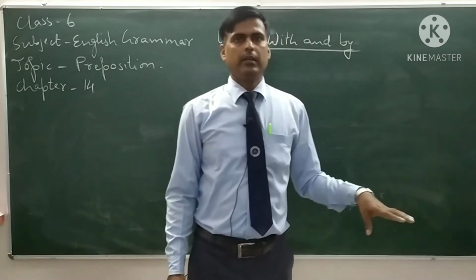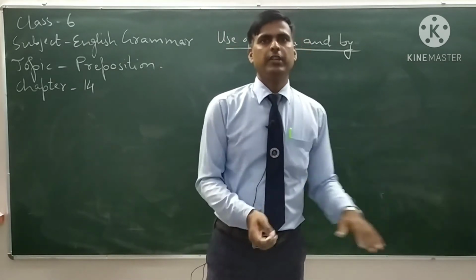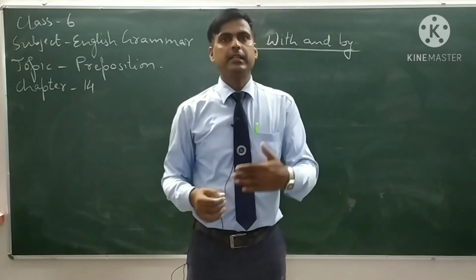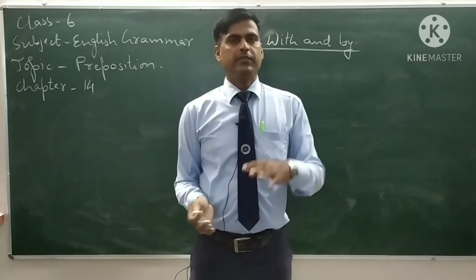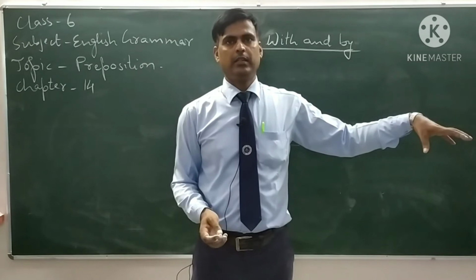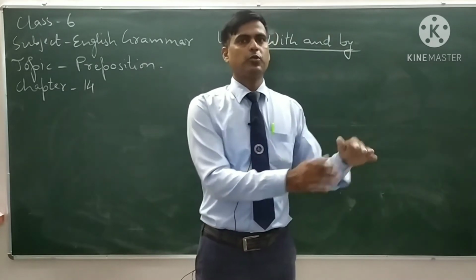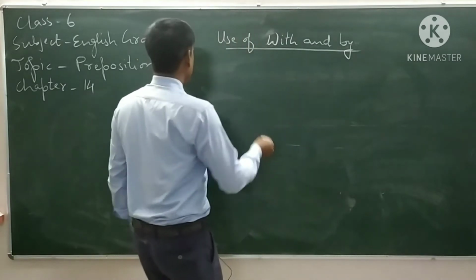And we use by for agent. If the work is done by any agent, then we use by. This is the difference between with and by. किसी वस्तु से हमें कोई काम करना होता है कि हेल्प से, तो हम with का यूज़ करते हैं. कोई व्यक्ति, कोई एजेंट होता है, उसको काम करने वाला कोई होता है, तो उसके लिए हम by का यूज़ करते हैं.